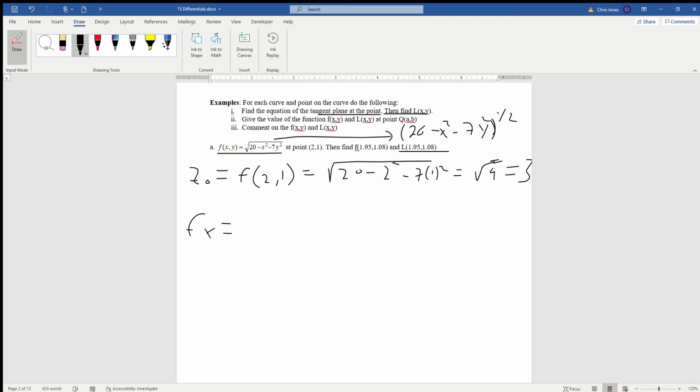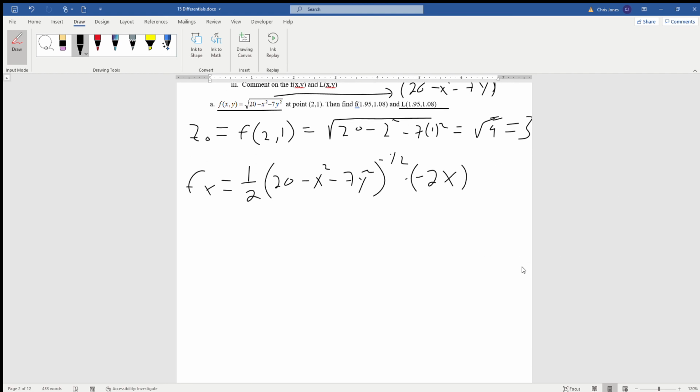So fx is going to be 1/2 of (20 minus x squared minus 7y squared) to the minus 1/2, and then we're going to multiply that by our interior derivative of x, negative 2x. Or another nice way to write that, we can cancel those out, move that square root to the bottom, and we get the opposite of x over the square root of 20 minus x squared minus 7y squared.